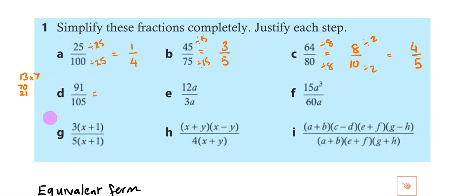It ends in a 5, so 13 times 5 would be 65, that's not enough. 13 times 10 is over the top. It's got to end in a 5. Doesn't work. Can't divide by 13, or divide by 7, 7 works.